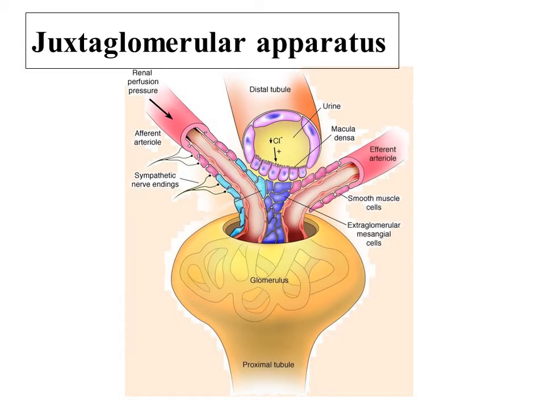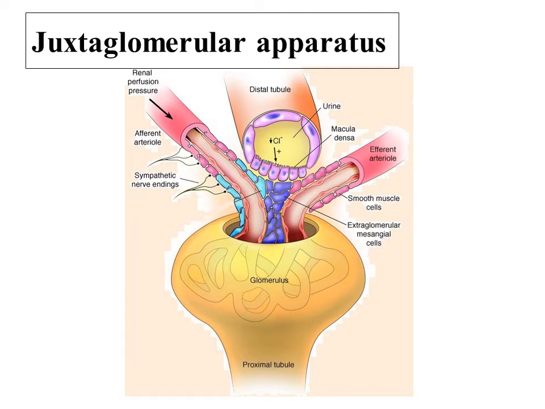At the point where the afferent arterioles enter the glomerulus and the efferent arterioles leave the glomerulus, the distal convoluted tubules touch the afferent arterioles, forming the juxtaglomerular apparatus.